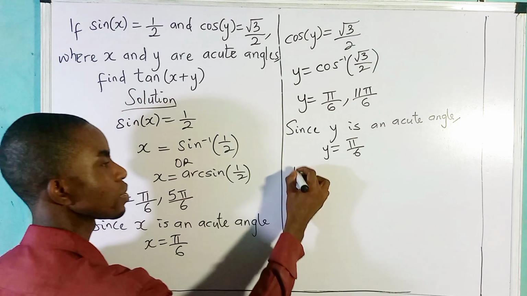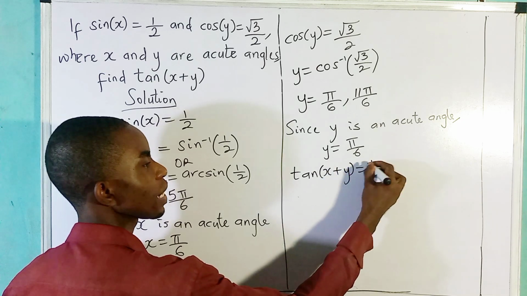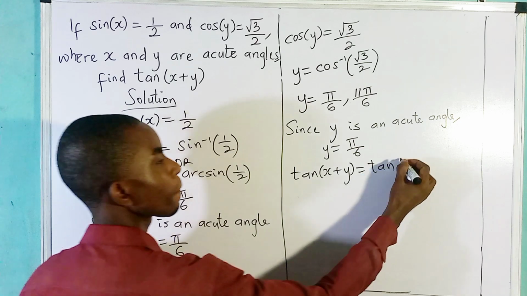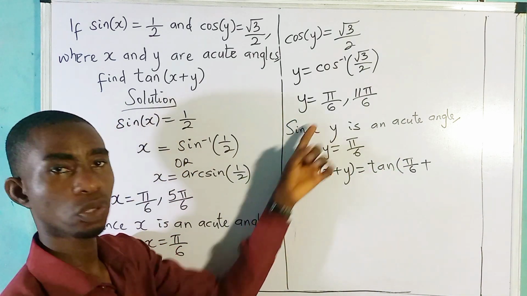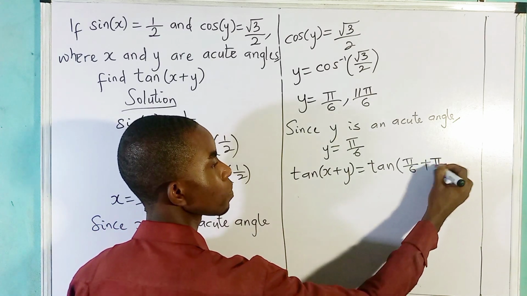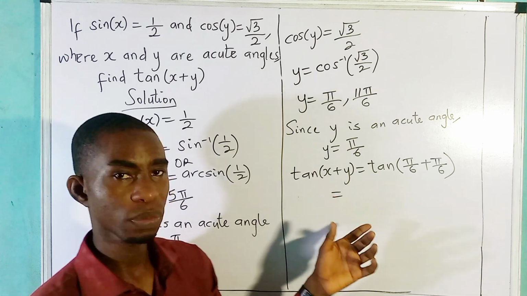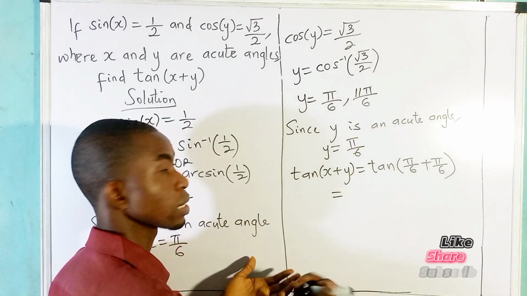Now, tan(x + y) will be tan of x, which is pi over 6, plus y, which is also pi over 6. And so we have a common denominator, which is 6, right? And then we just pick 6 since it's common.